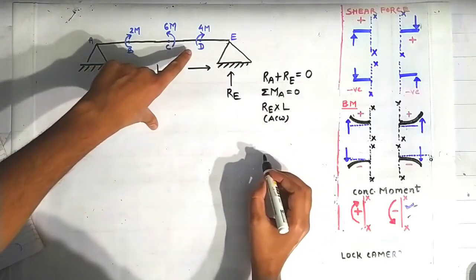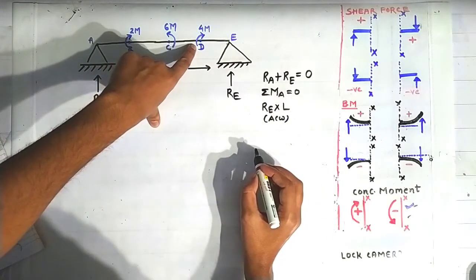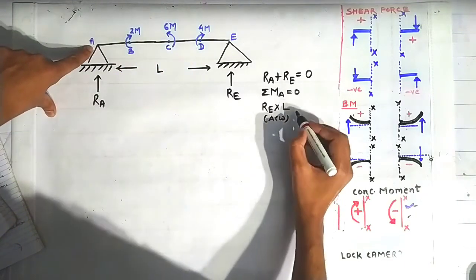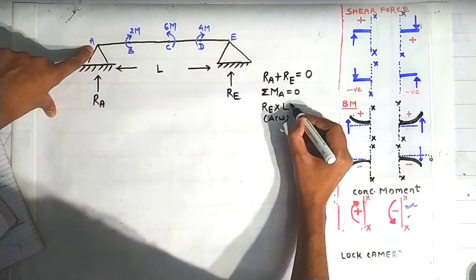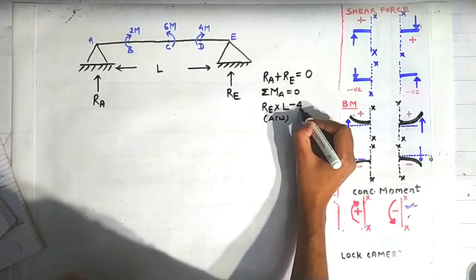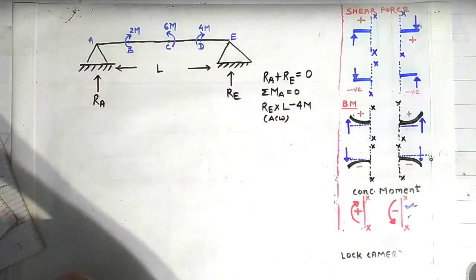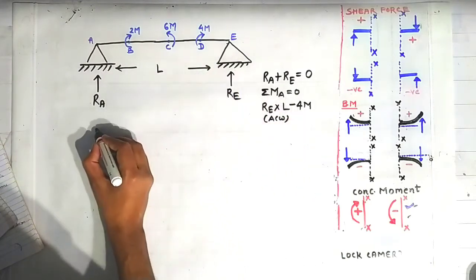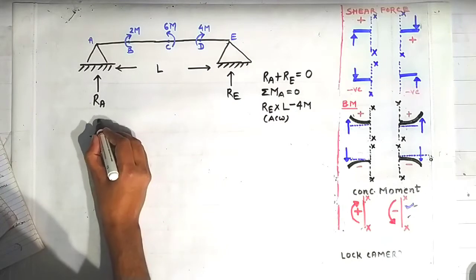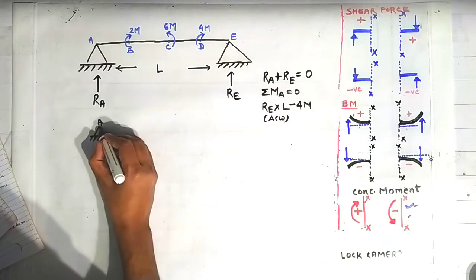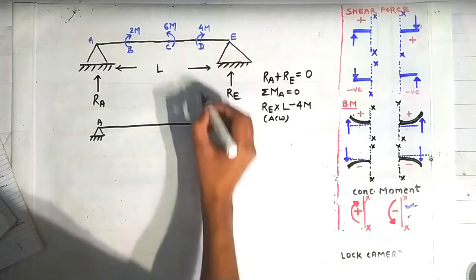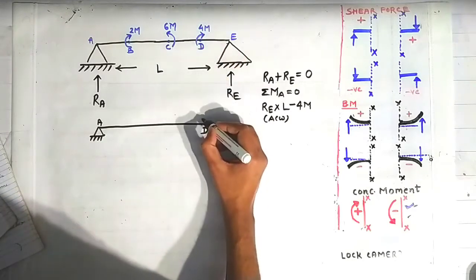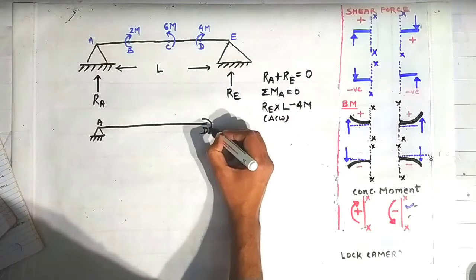Now because of this concentrated moment 4m, there will be a moment about point A going in clockwise direction. So we will take minus 4m here. Why is it taken minus 4m? See here, if this is the point A and this is our beam, the point D is lying here exactly below this point, and this moment is acting in clockwise direction like this.